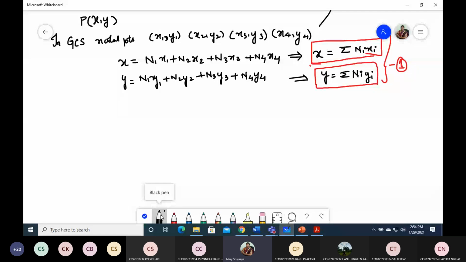We already know the properties of shape functions. At one particular node you're taking, the shape function will be unity, and at all the other nodes it will be 0, same as for stiffness.